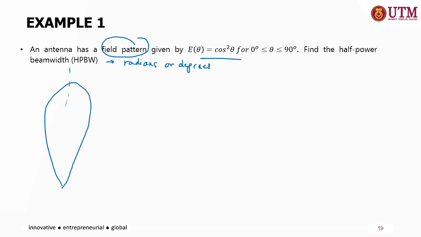Considering the main lobe, we know that this is theta, and the maximum radiation is 1. For the field pattern, the 3 dB point is at 0.707. At this point and this point, it's 0.707. So you need to calculate theta in between this separation.